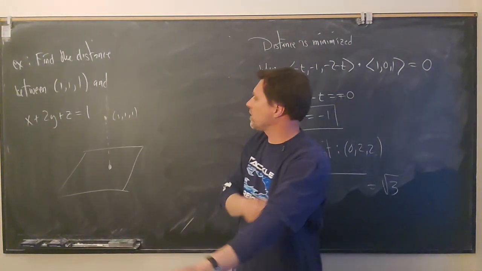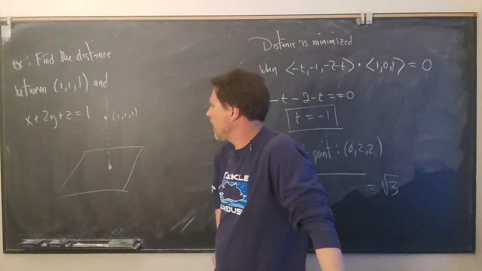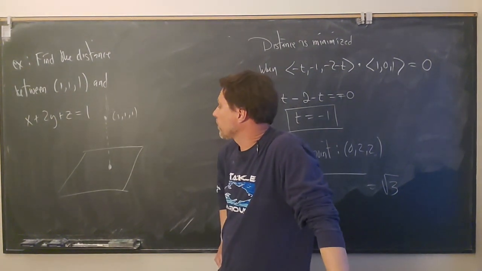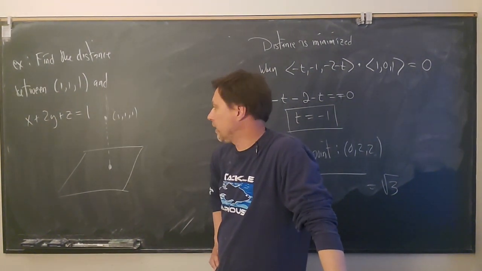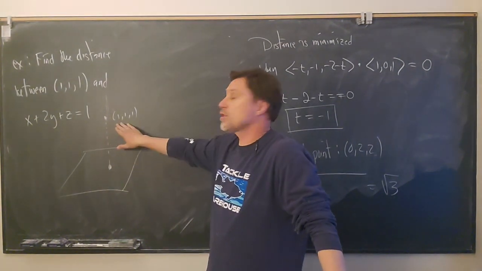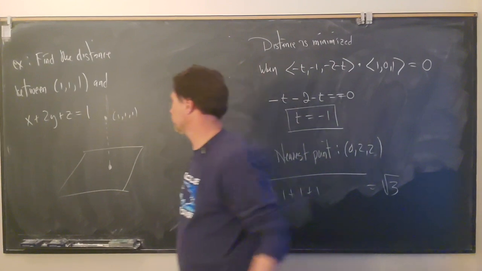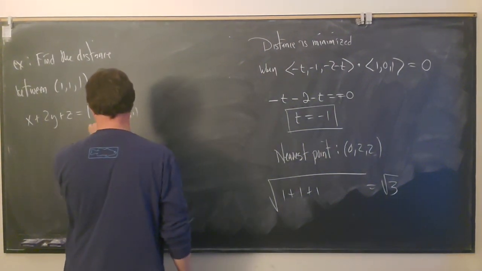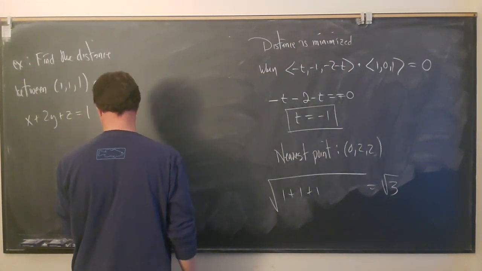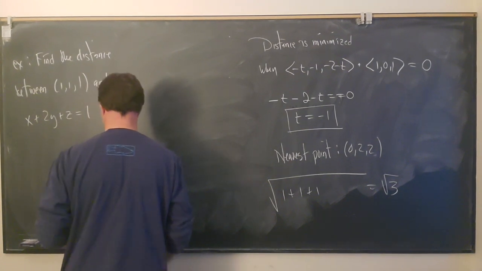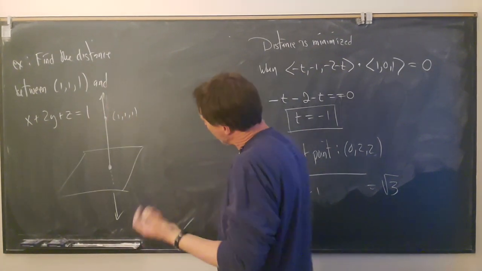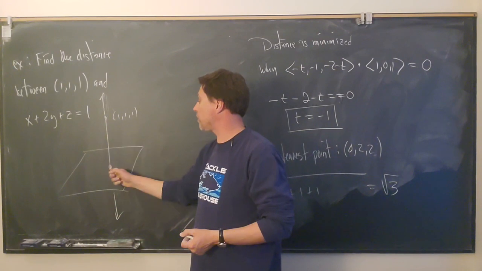Of course, now we're dealing with a line versus a plane, and so here's what I'm going to do. I would like to create a line that passes through 1, 1, 1 and meets the plane orthogonally. And then I want to find the intersection of the line and the plane.